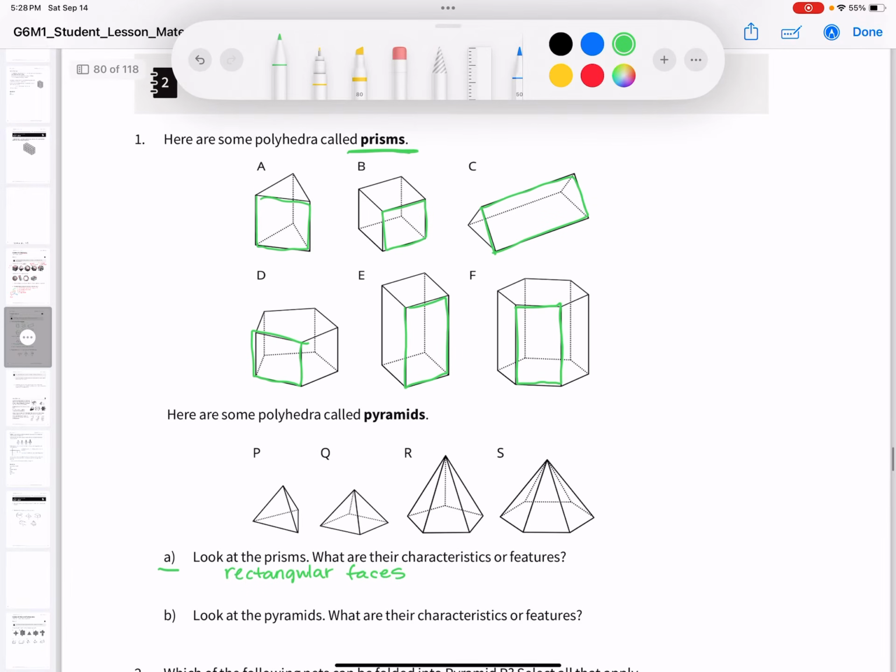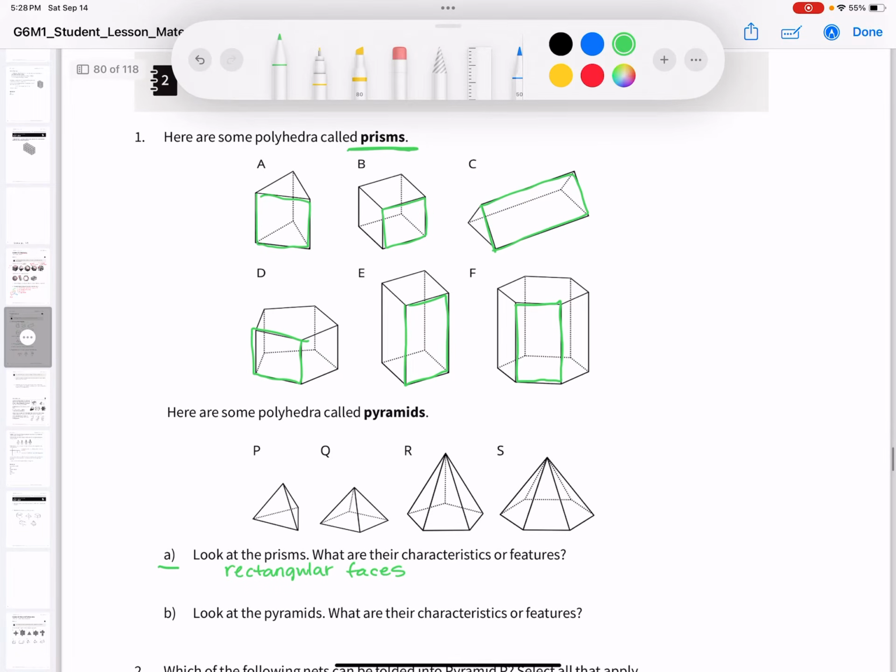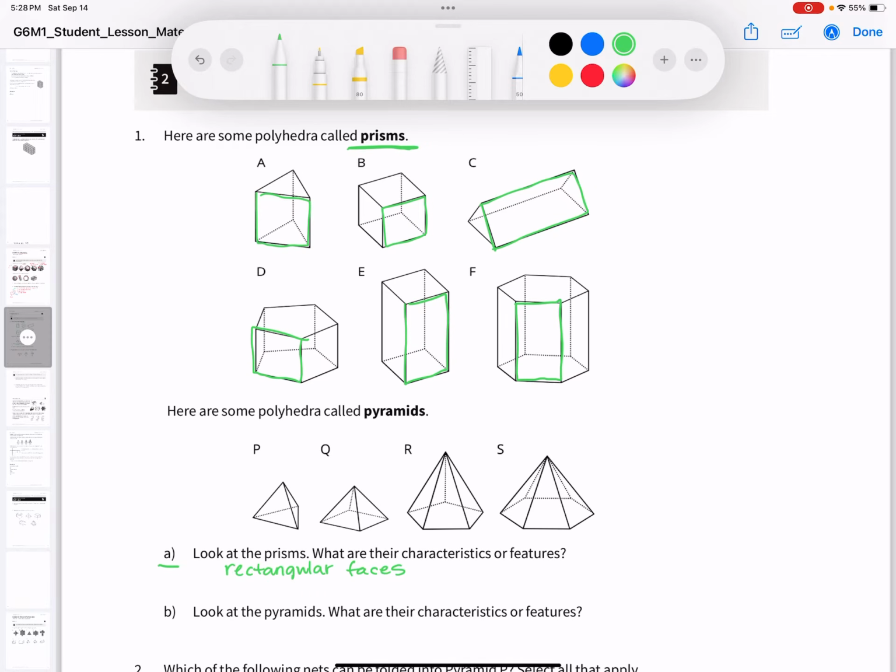I also notice that they have another shape that goes with them. So like in A, it's a triangle. In B, it's a rectangle, a square. C, it's a triangle. D, it's a 1, 2, 3, 4, 5 pentagon. F is a 1, 2, 3, 4, 5, 6 hexagon, right?